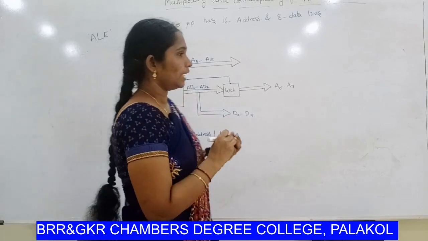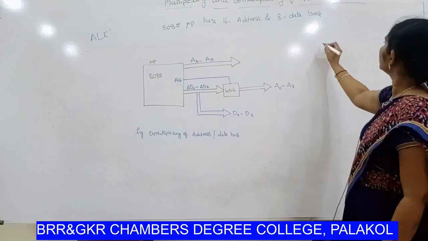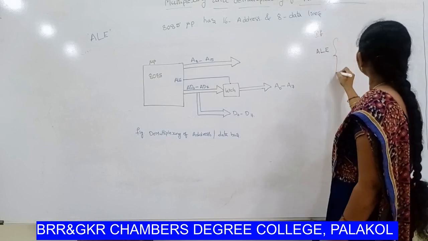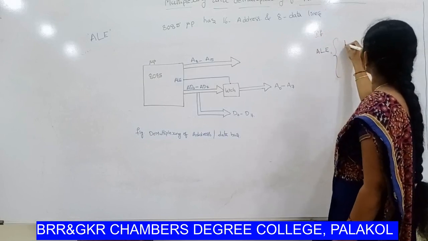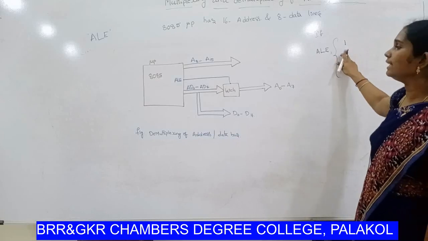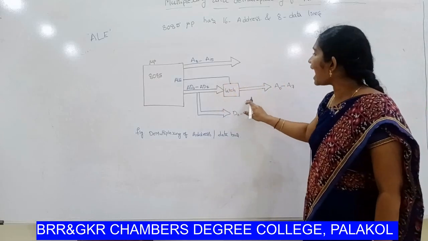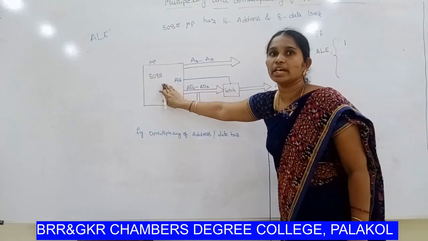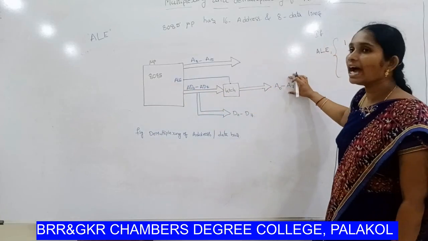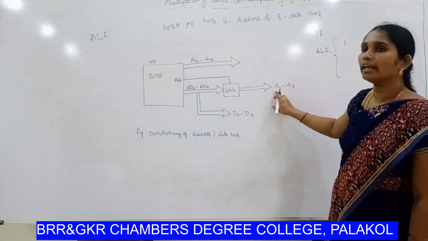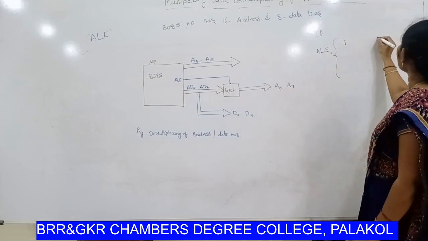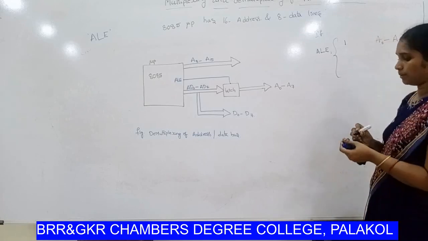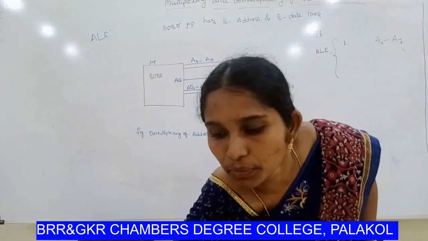If ALE is equal to 1, the latch is enabled. That means this microprocessor carries only the address lines, those are A0 to A7, when ALE is equal to 1.